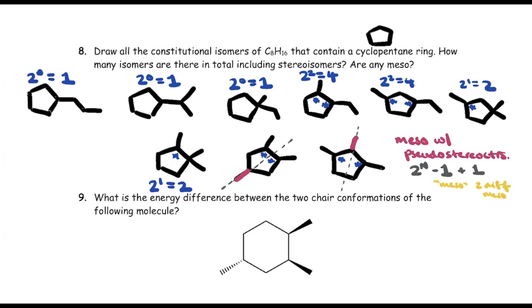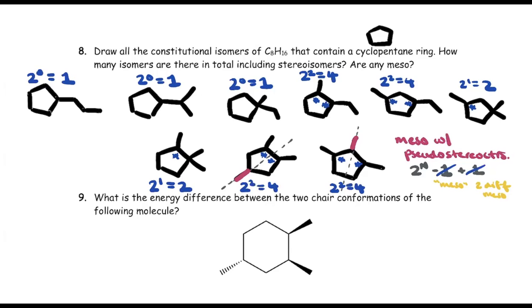Okay, if you had 1 meso possibility, then you would subtract 1 and just leave it at that. So of course, these guys will cancel out. Okay, so in this case, all you really have to do is just 2 to the 2. So you're going to have 4 for this, and then 2 squared equals 4.